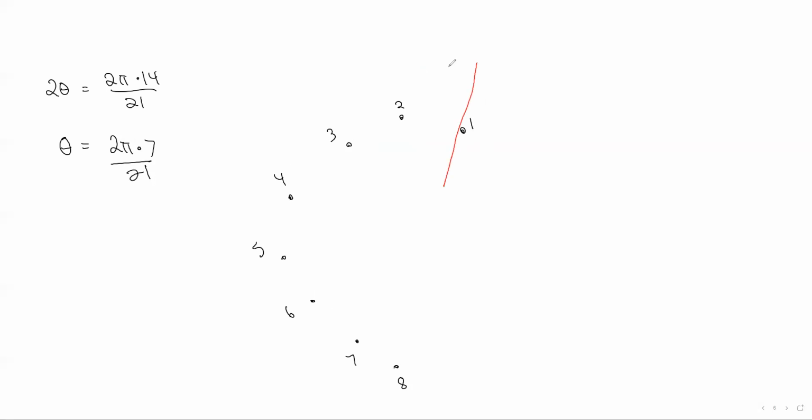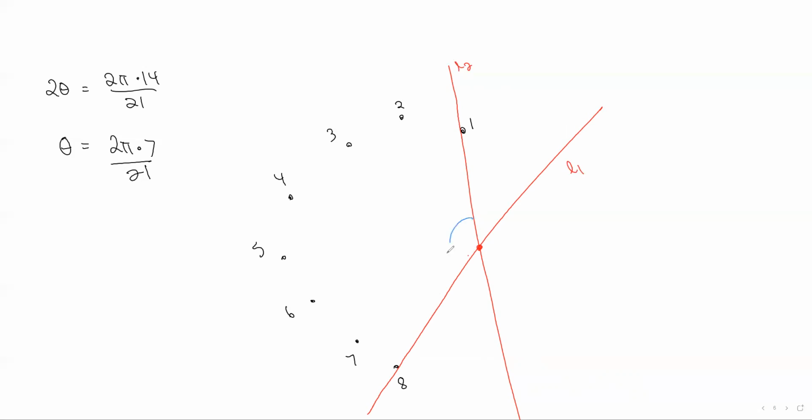This picture is a bit of a lie, but whatever. I mean, it's inaccurate. It's not drawn to scale, but this was what they would look like. So this should be L1 and this should be L2, and the angle should be 2 pi times 7/21.